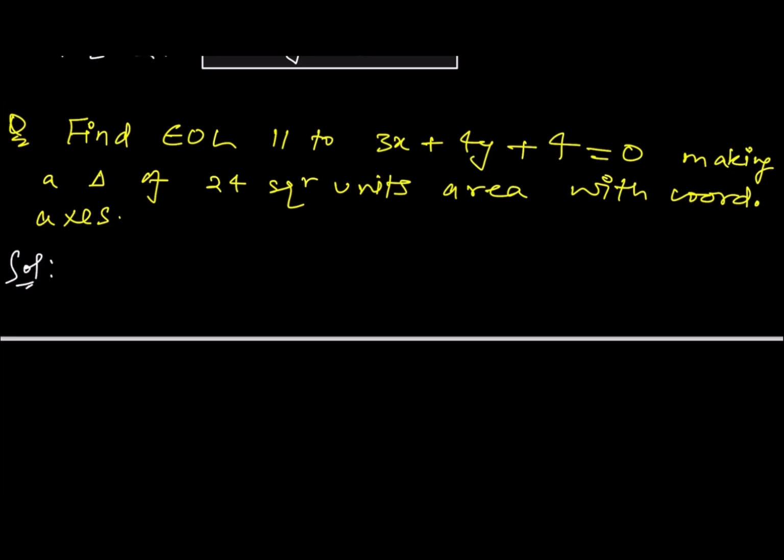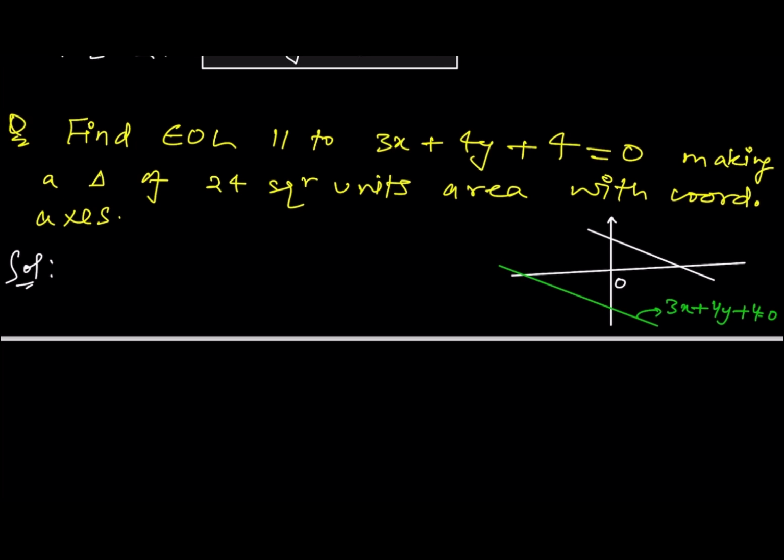What is given in the question? It is given that a line is making a triangle with the coordinate axes and is parallel to the given line, say 3x plus 4y plus 4 is equal to 0, right?